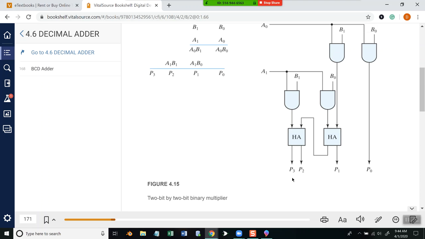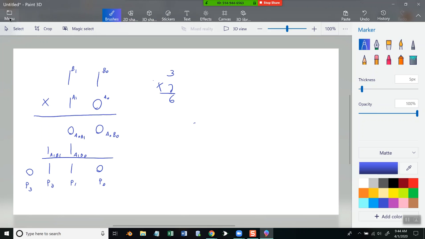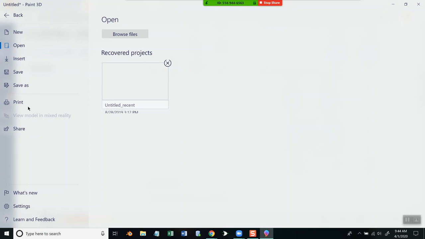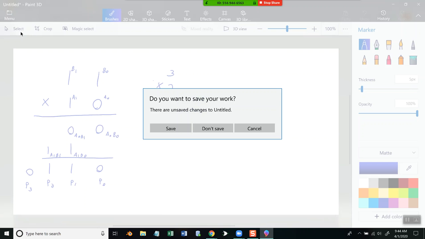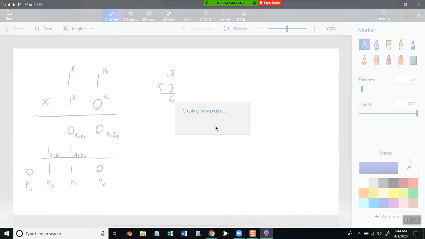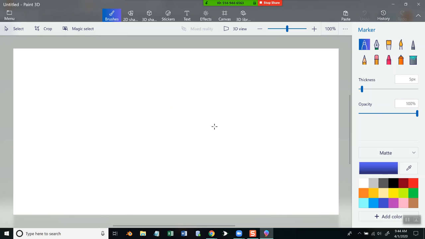Okay. I don't know if I could do a 3-bit, if that becomes too complex or not. But if I had, let's see, B0, B1, B2 times A0, A1, and A2. So I multiply these together.